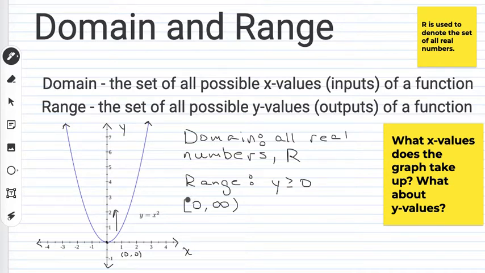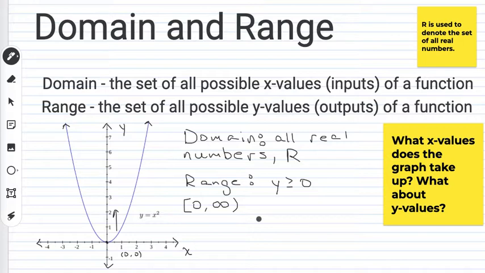So what this closed bracket does is it includes 0 in our range. And any number that's greater than 0 is in this set as well. And whenever you use positive infinity, or negative infinity, you have to close it up using parentheses, because infinity is not a real number. It's more like a concept.